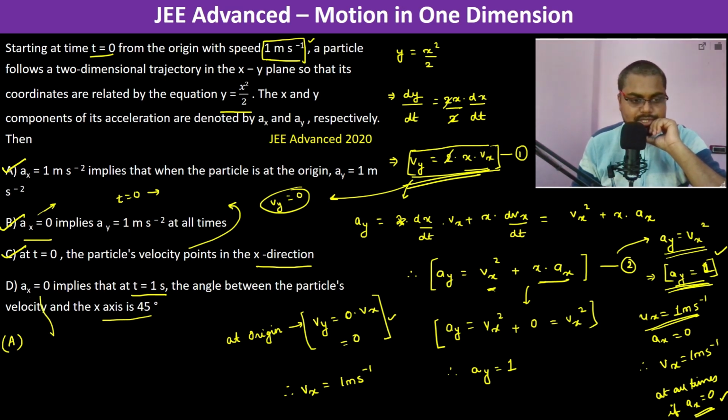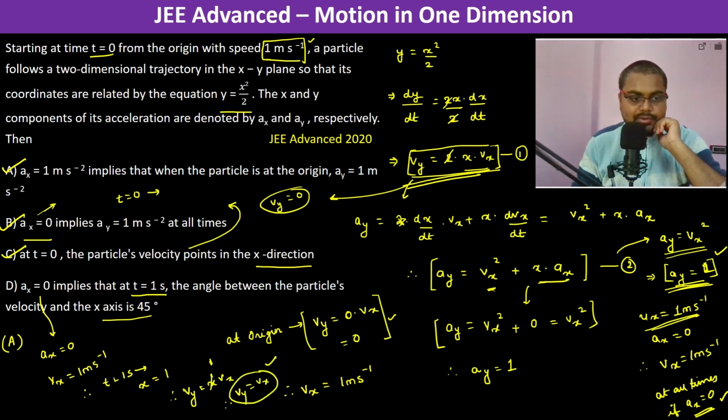You see ax is 0 and vx is 1 meter per second. So at t equal to 1 second, x is going to be 1. Therefore vy is equal to x vx. Now x is 1, so vy is equal to vx, so the angle is going to be 45 degree. So D is correct.